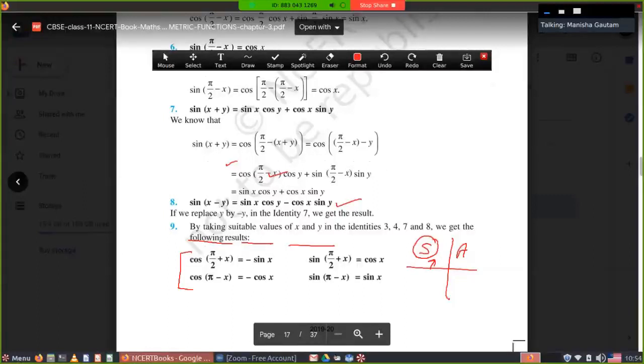And sine of 90 plus x and sine of 180 minus x: the first one is also lying in the second quadrant. Sine of 90 plus x is cos x, and sine of 180 minus x will be equal to sine x, because sine is positive in the second quadrant.